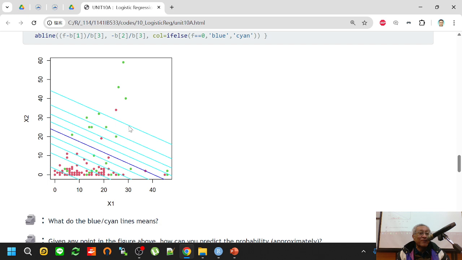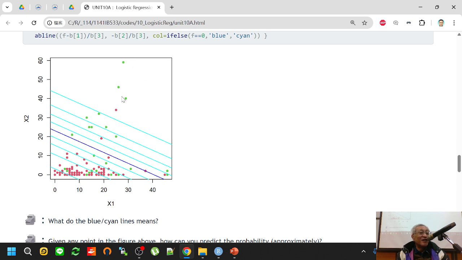For example, if I have a point here that lies on this line, then I would say that given this x1 and x2, the probability of y equal to 1 equals 0.9. And for every point that lies on this line, I can say that the probability of y equal to 1 equals 0.8, right? So with that, you can have an idea.